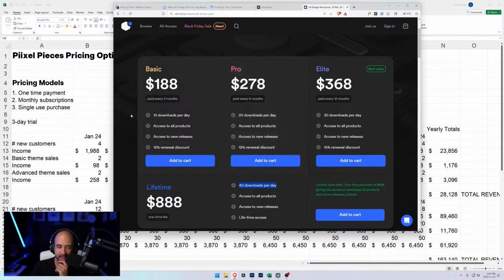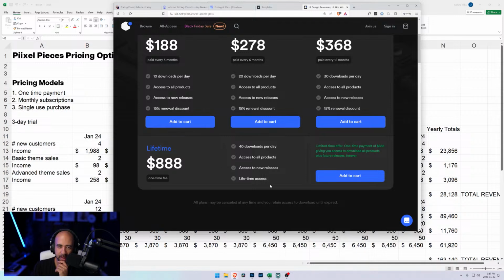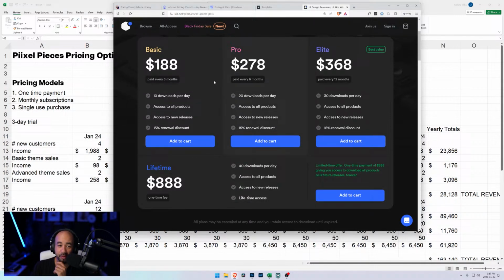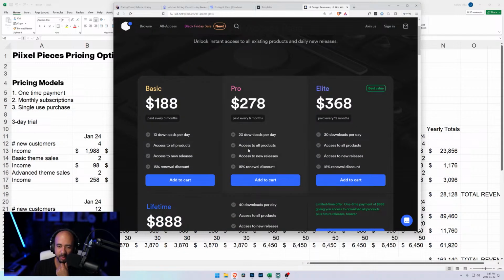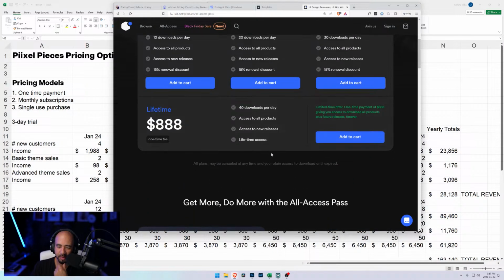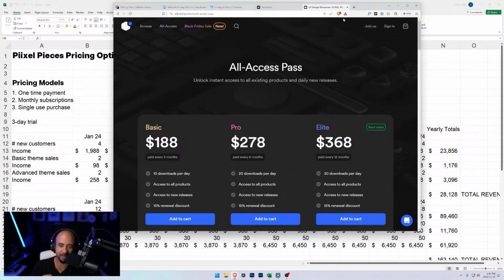I kind of like how they do that. For me, because this is actually pretty pricey, I bought the basic one. Anyways, I would love to know what their numbers are in terms of who's buying what. But of course, they're not a publicly traded company, so I'm not going to be able to see that.